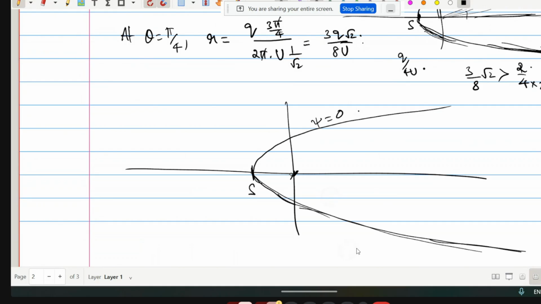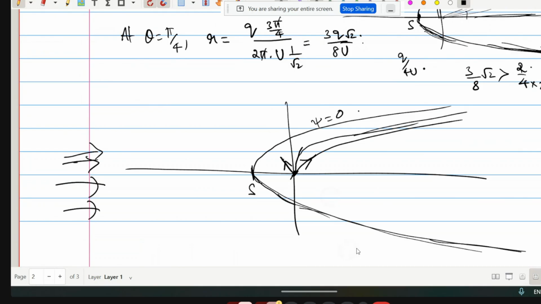So all the streamlines, whatever is here, will go like this. This will go, and this will go. This also will go like this, because there is this uniform flow at infinity that pushes this, and that will go in between, okay. So nothing will cut, nothing will cut actually.